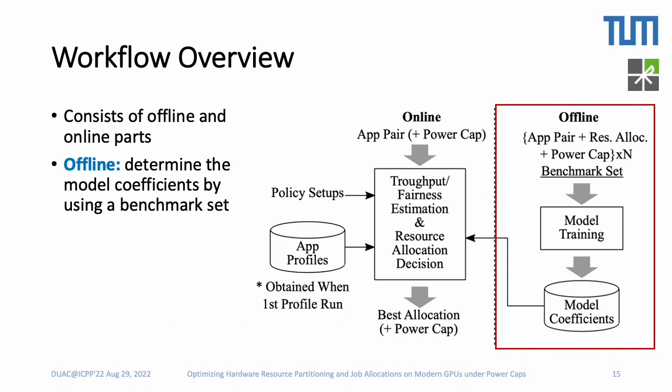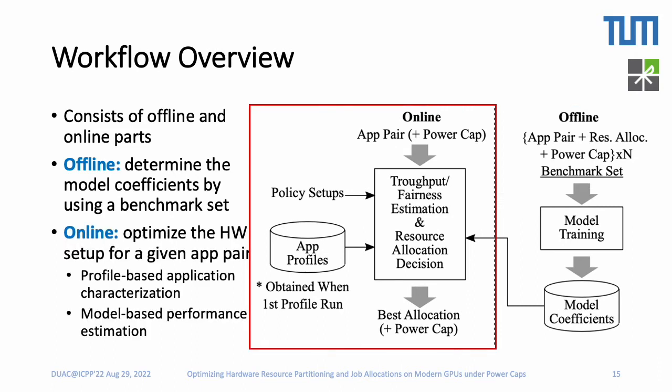As for the offline part, that determines model coefficients by using a predetermined benchmark set beforehand. And for the online part, by using the model coefficients as well as application profiles, we try to optimize hardware knobs, resource partitioning, and power capping for a given application pair.